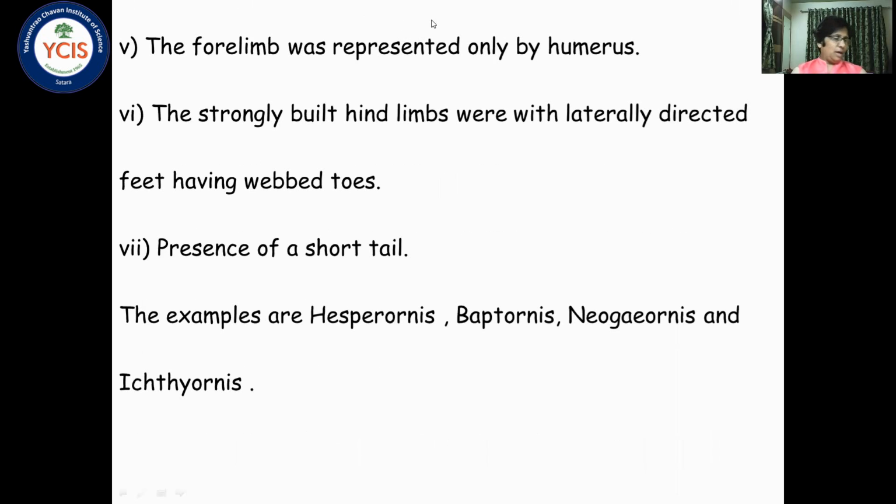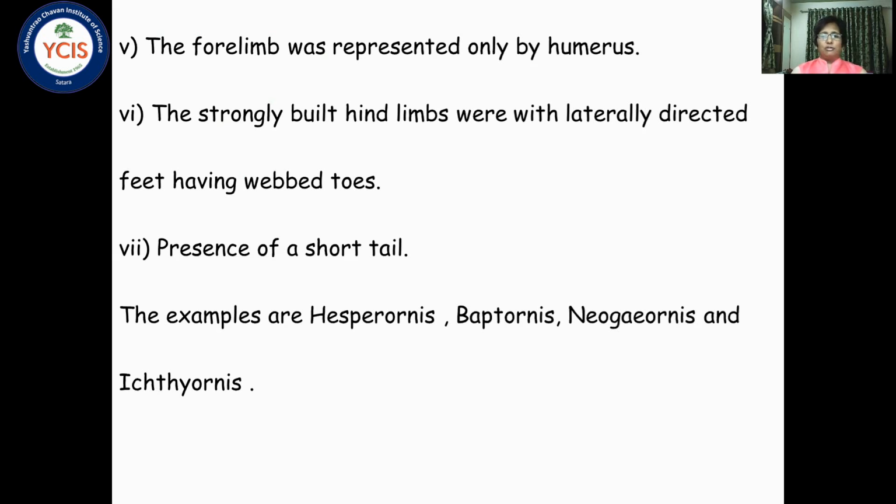The forelimbs were represented by the humerus, and the hind limbs were strongly built, with laterally directed feet having webbed toes.